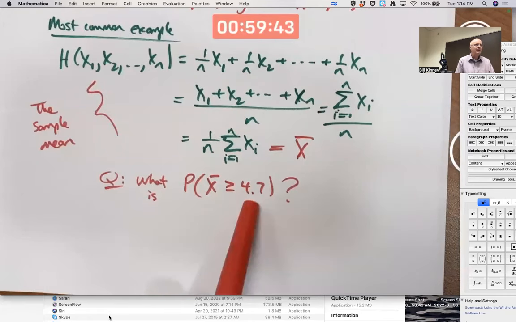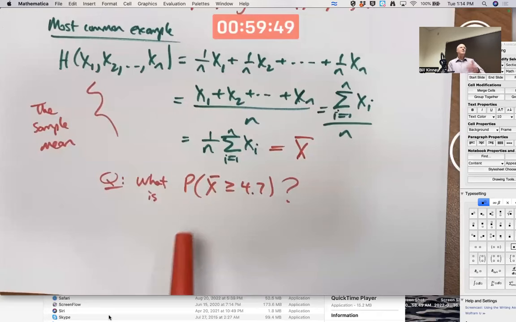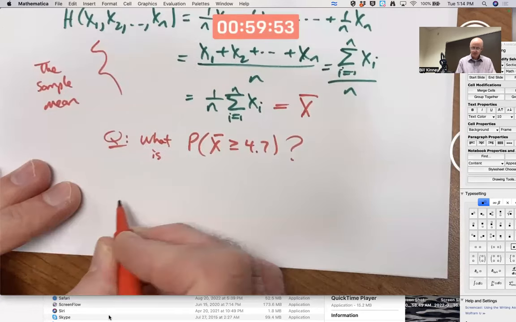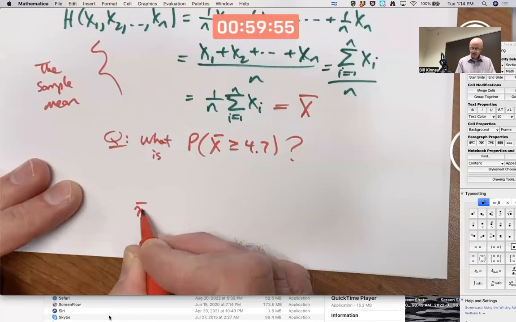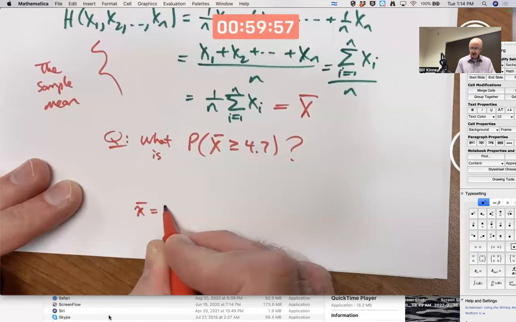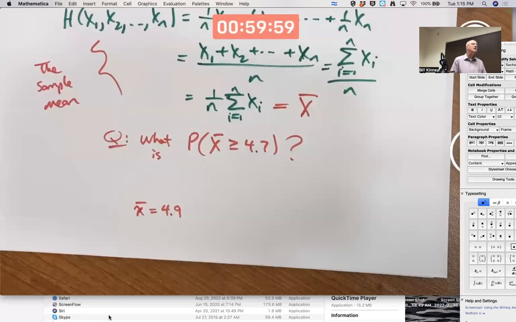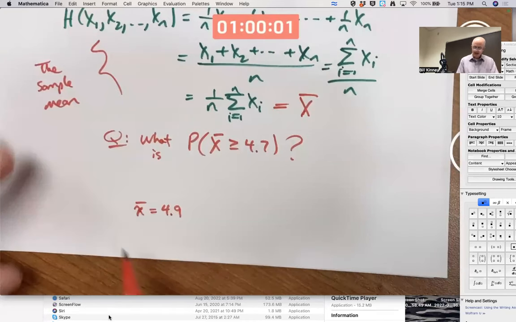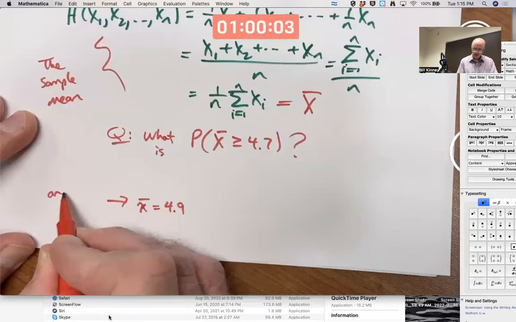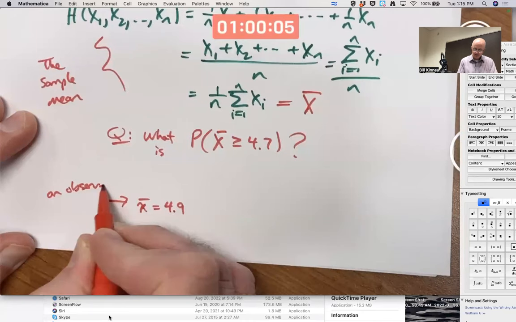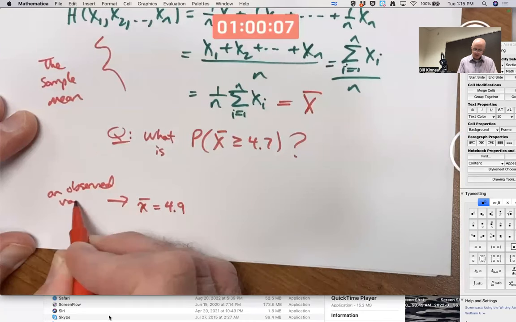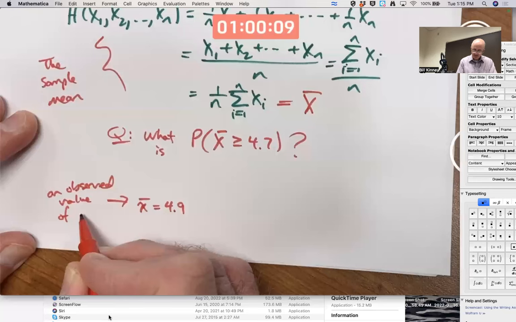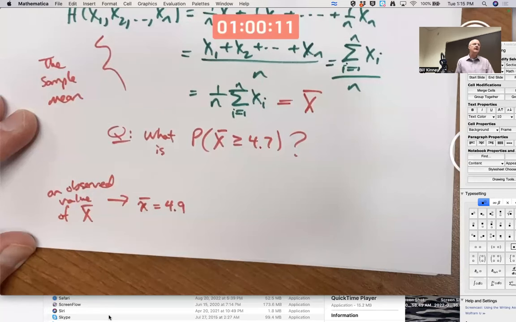But I could certainly think about particular numbers like 4.7. I could also say, based on this data set, I observed a value of X bar of maybe 4.9, and I could use a lowercase x bar. This would be an observed value of capital X bar. Use lowercase.